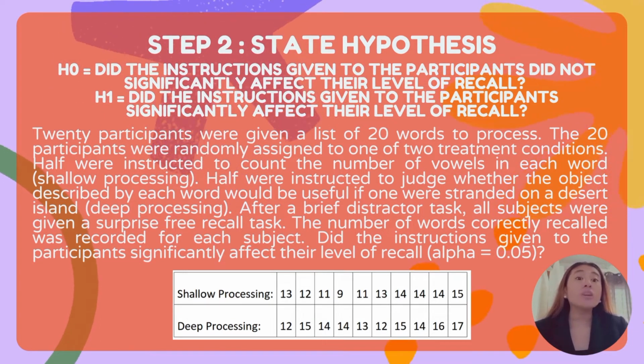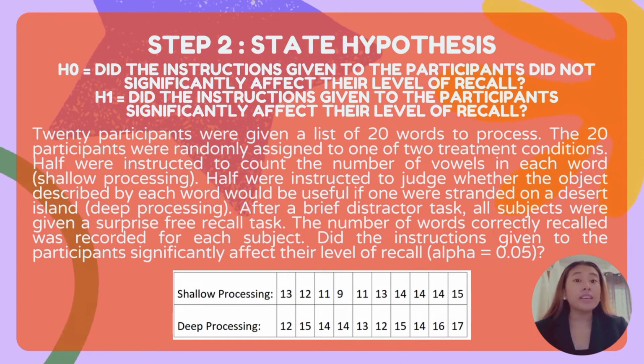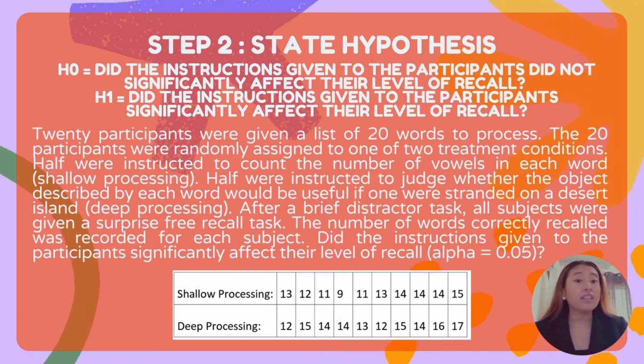So, our null hypothesis, denoted by H sub 0, is: the instructions given to the participants did not significantly affect their level of recall. Meanwhile, our alternative hypothesis, denoted by H sub 1, is: the instructions given to the participants significantly affect their level of recall.